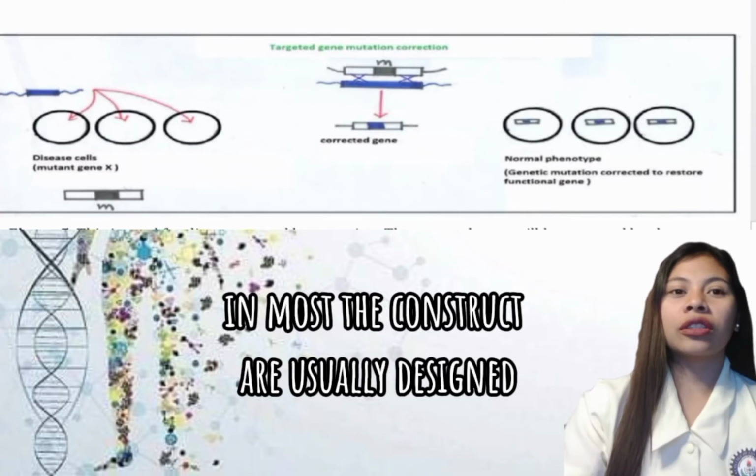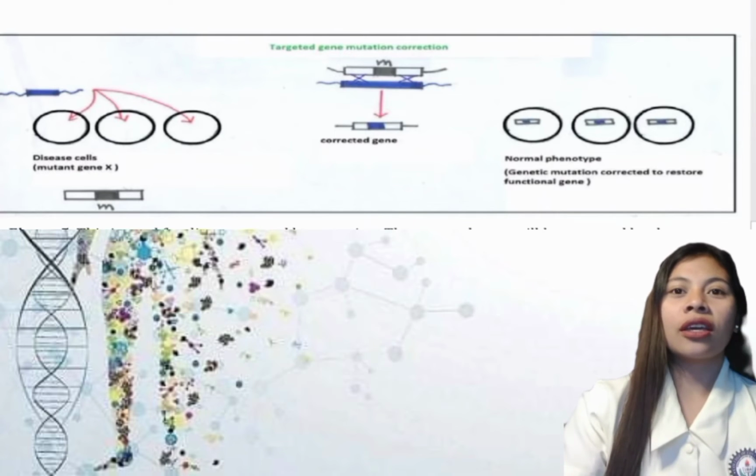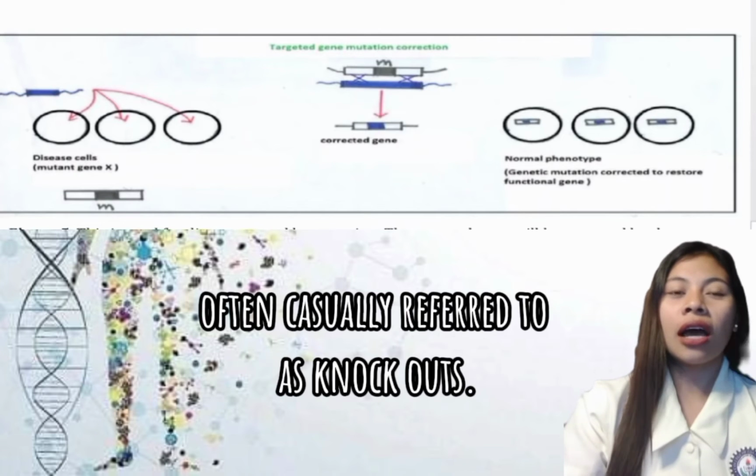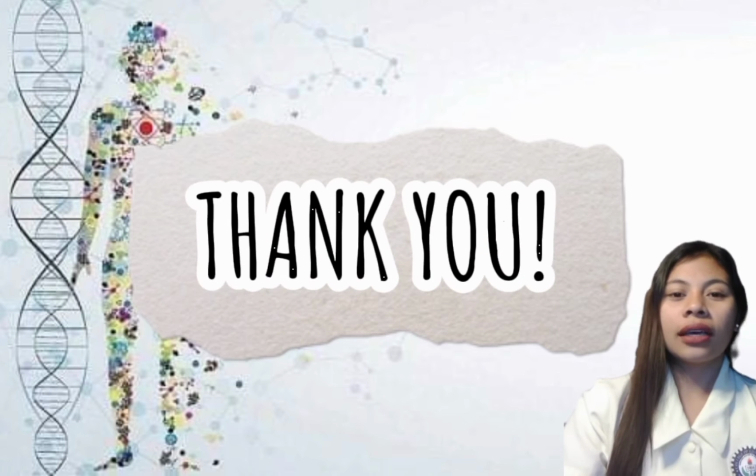In mouse, the constructs are usually designed to disrupt gene function, and such targeted mutations are often casually referred to as knockout.